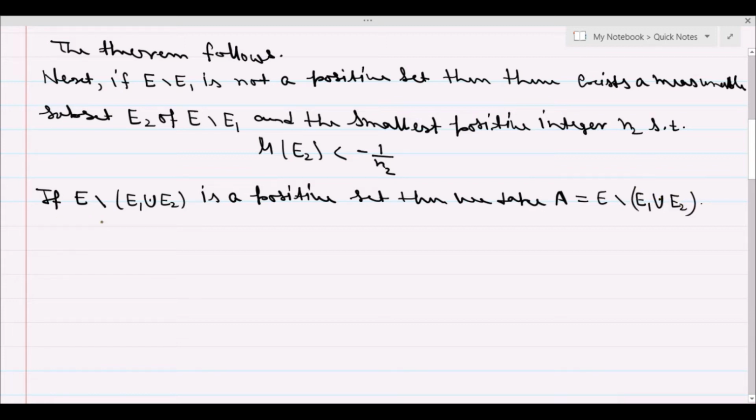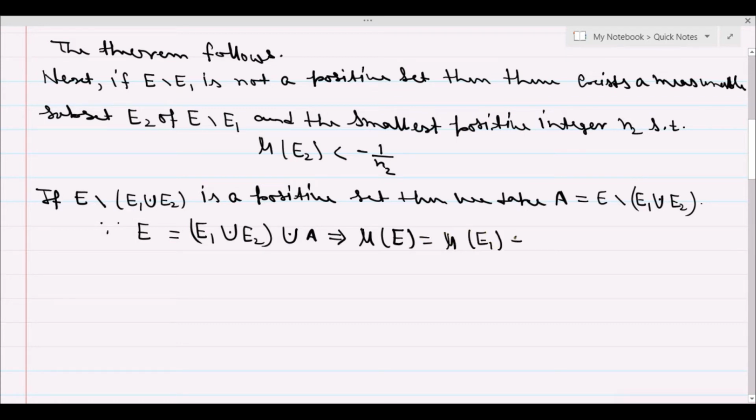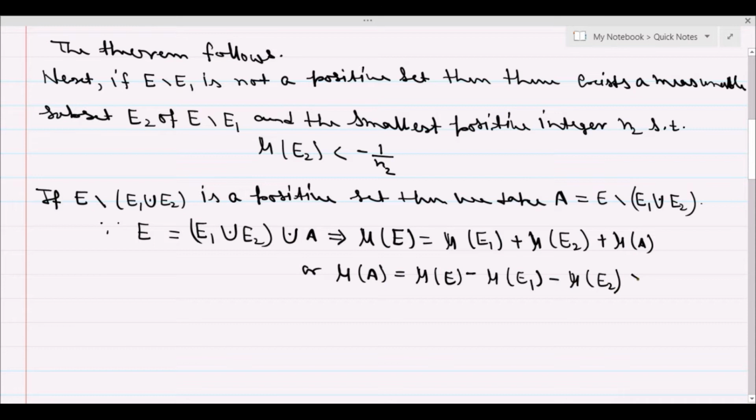Since E is equal to E1 disjoint union E2 disjoint union A, this implies that mu of E is equal to mu of E1 plus mu of E2 plus mu of A. Over R, mu of A is equal to mu of E minus mu of E1 minus mu of E2, and this value is greater than 0 as mu of E is positive and mu of E1 and mu of E2 are both less than 0.